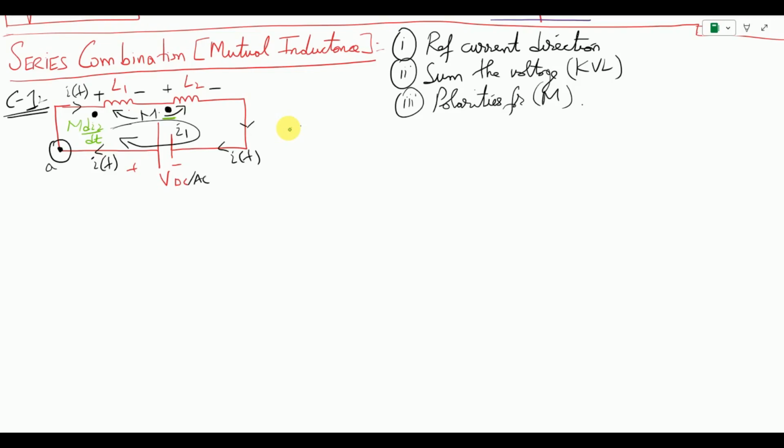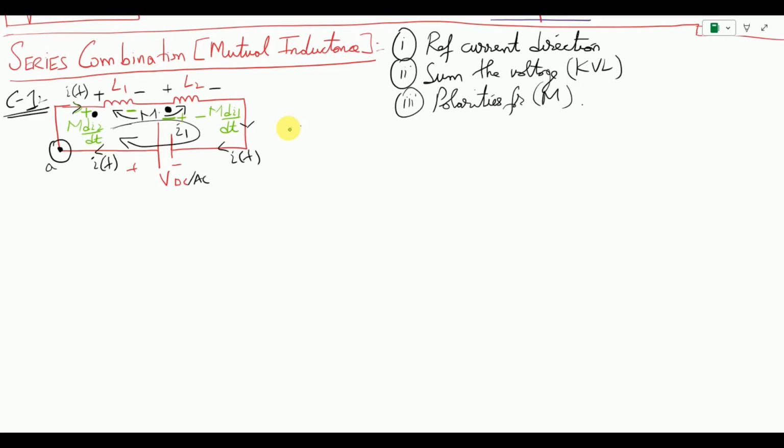The current is first entering the dotted terminal, which means that my polarity for the dot convention around L1 is going to be positive and the other side will be negative. Similarly, when I reach the equation for L2, I need to know the magnetic field's polarity for the effect on L2 from L1, or the current I1. So here, for the right hand magnetic field, I need to know what was the current entering the first side, and again the current I1 was first entering the dotted terminal, so again the polarities will be plus and minus for the mutual inductance.